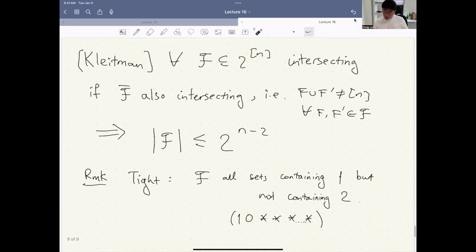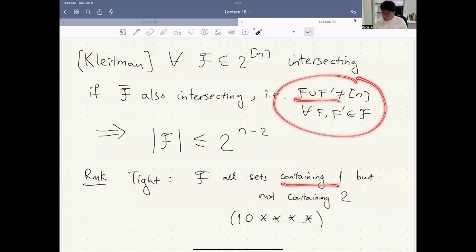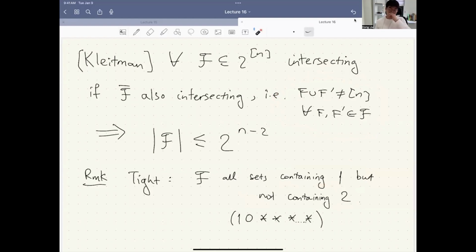Well, obviously, this is an intersecting family. Everything contains 1. And also, the complementary family is intersecting in this language. For any two sets, their union still does not contain 2. So not everything.